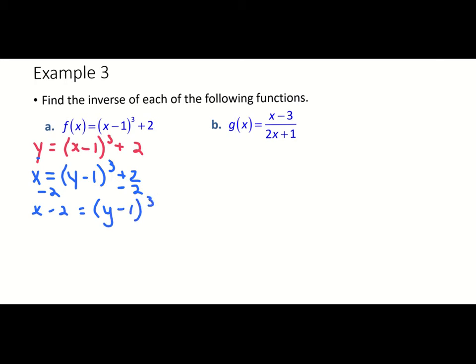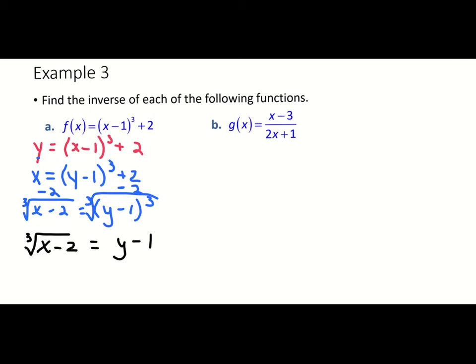And then I really need to get rid of my cubed root. Remember, the way to get rid of a cubed exponent is to take the cubed root of both sides. So we'll do that, and that's going to leave me with the cubed root of x minus 2 is equal to y minus 1.